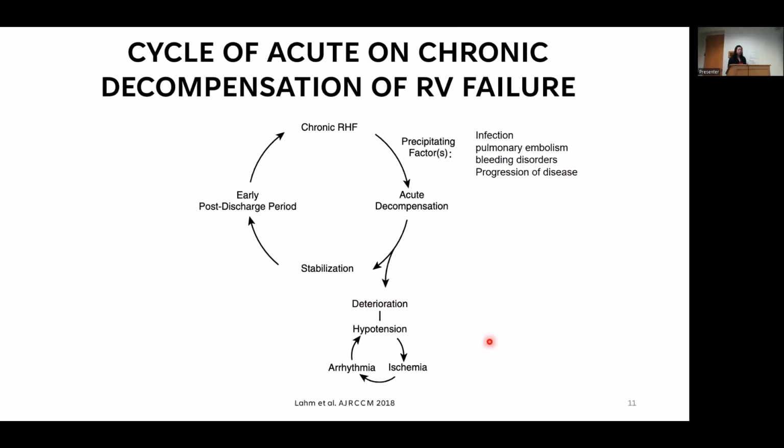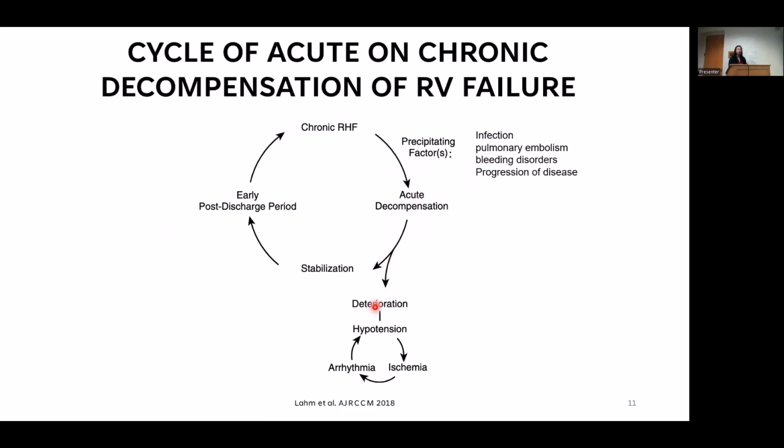So in patients that have this state of chronic heart failure, they're very easily pushed over by precipitating factors, whether it's infection, pulmonary embolism, a bleeding event or bleeding disorders, or just progression of their disease into an acute decompensation. And these patients are often our sickest patients in the ICU.